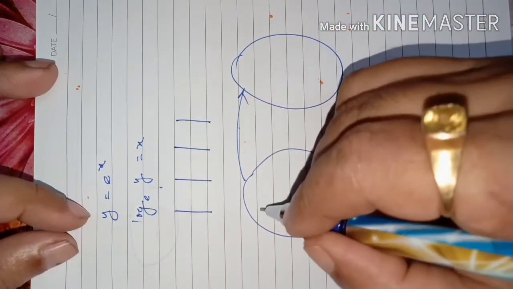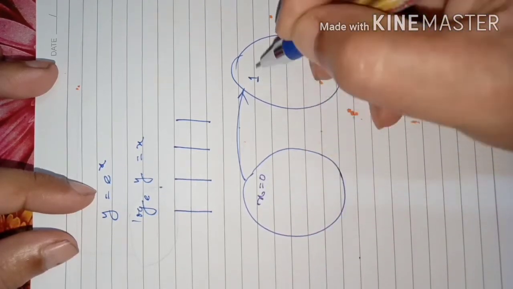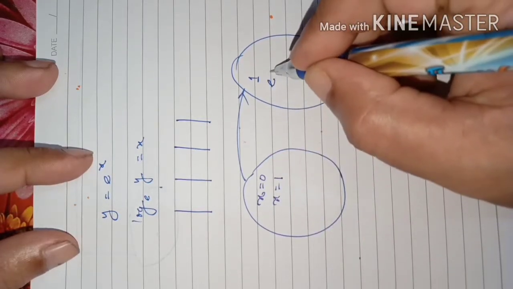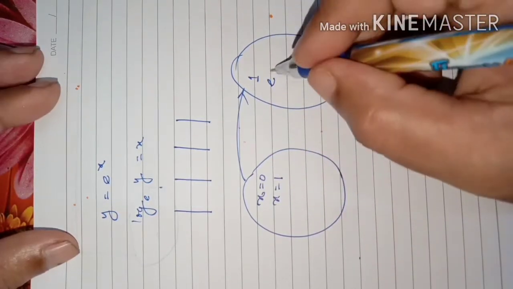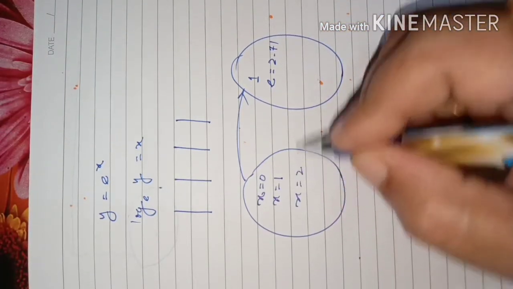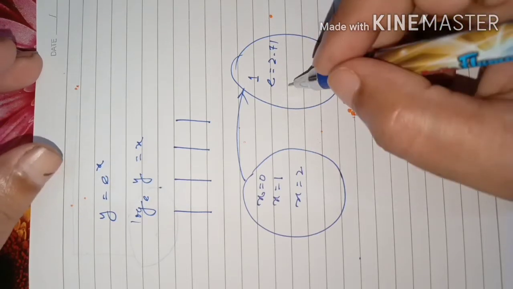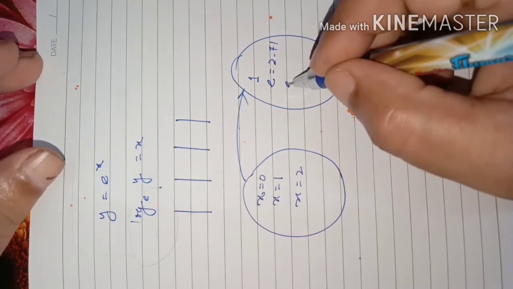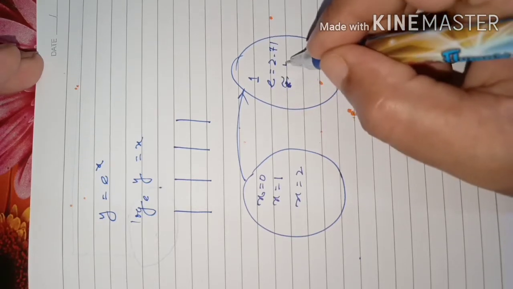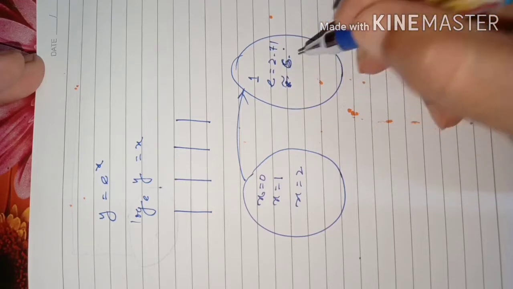Suppose we take x equal to 0, then it will be equal to 1. If we take x equal to 1, then it will be equal to e. E means 2.71. Then if we take x equal to 2, squaring it, you will get almost 7.